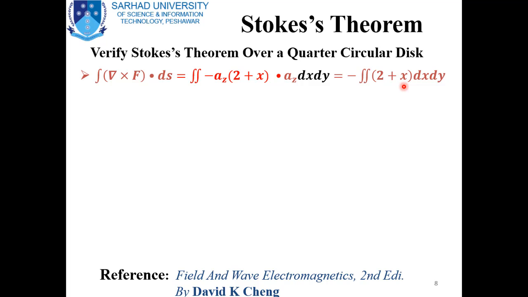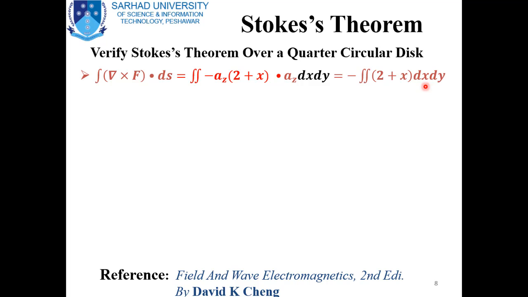So this is a double integral, and the limits of x and y will be: if y varies from 0 to 3, then x will vary from 0 to square root of 9 minus y square.